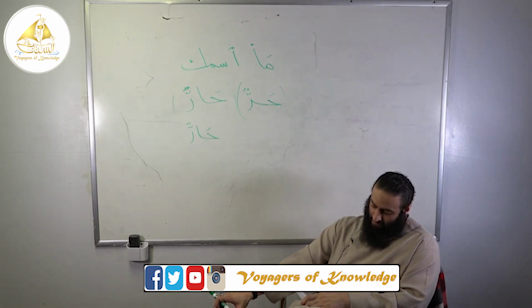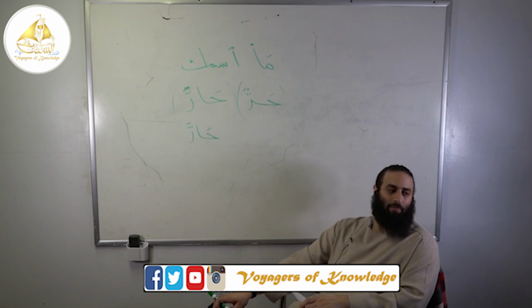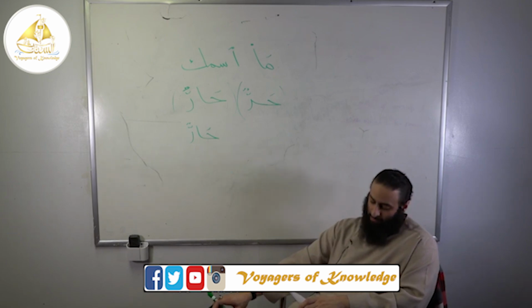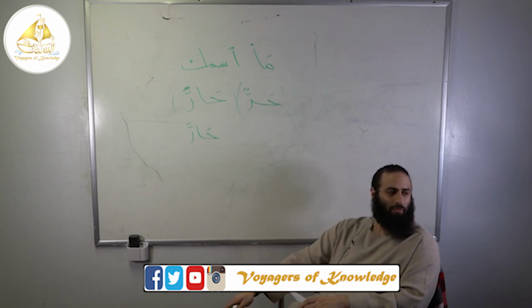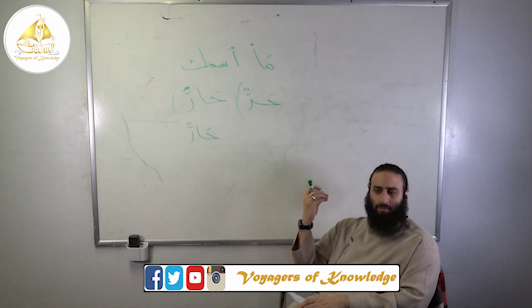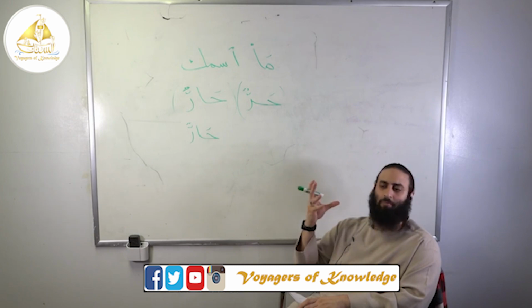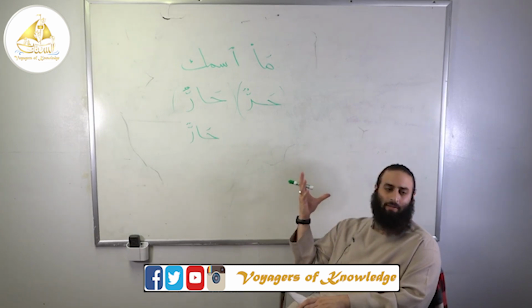ومن هذا الفتى؟ الفتى الذي معك. ومن هذا الفتى الذي معك. Fata is a new word we never took. Fata means either a young man or a boy, like an adolescent, teenager.